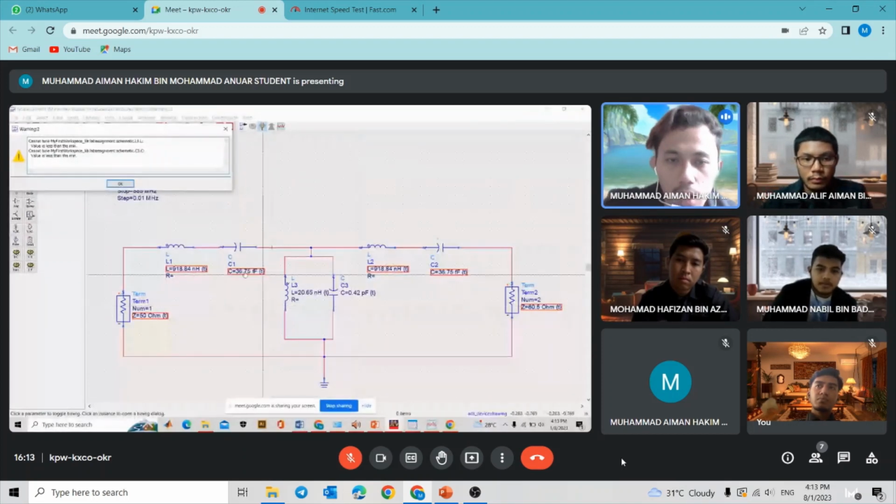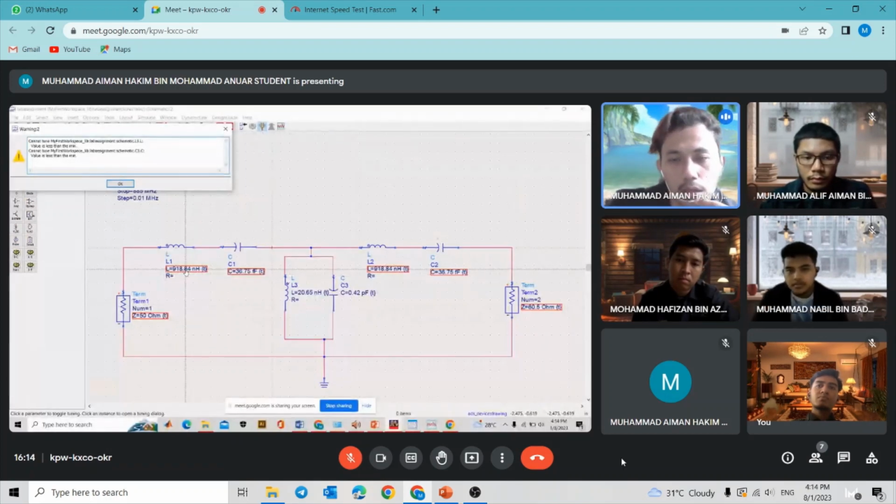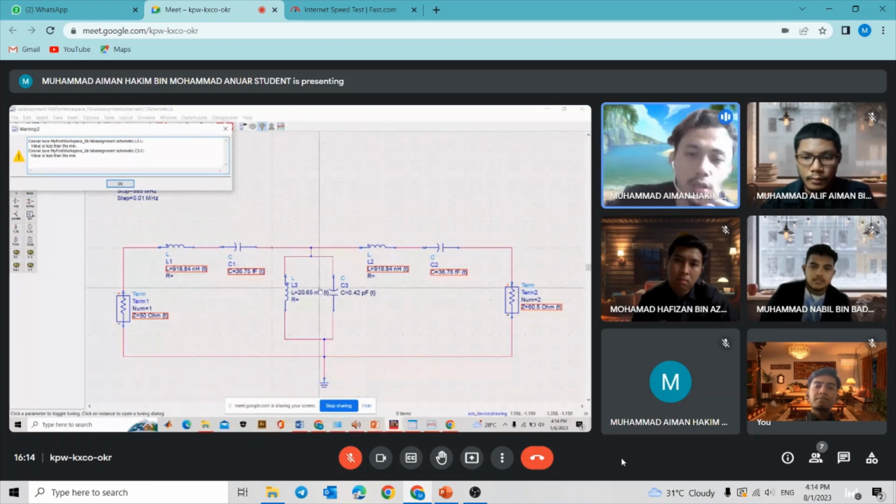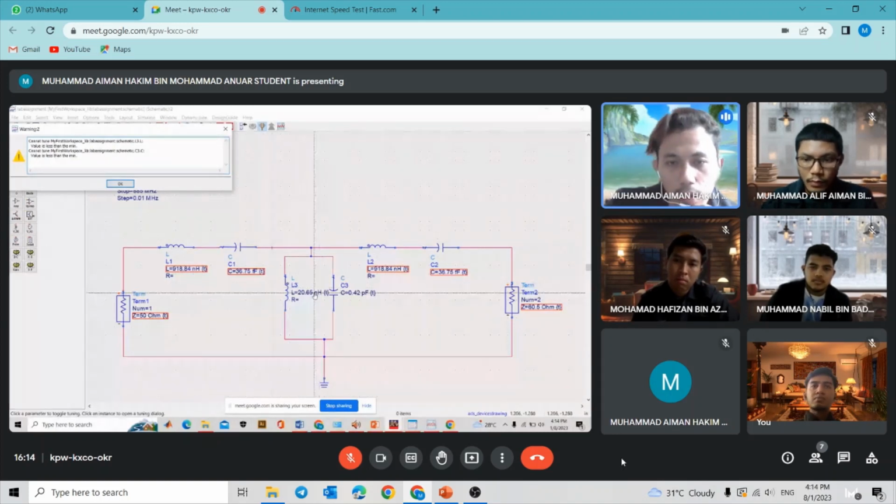This is the calculation that we use to get the output. This inductor and capacitor are the same as L2 and C2, then L3 and C4. If we use the calculated values, we cannot get the bandpass that we want.